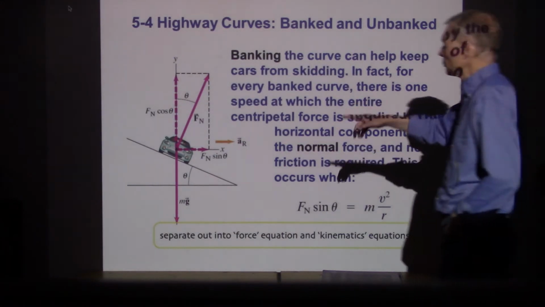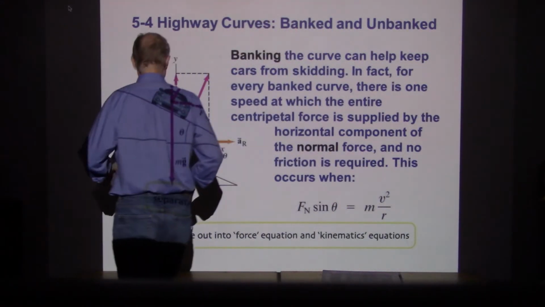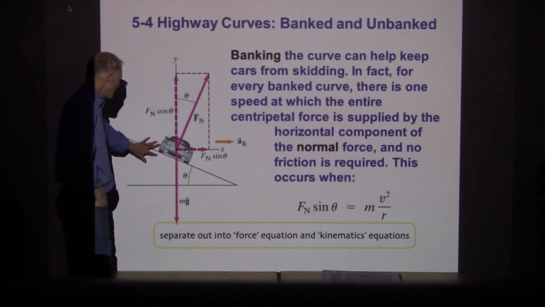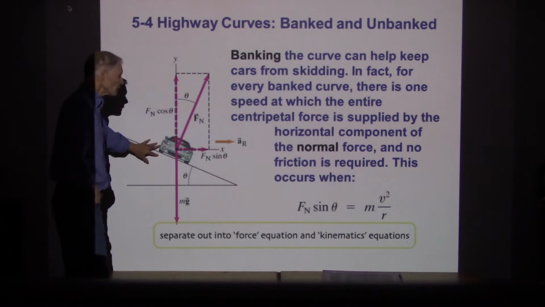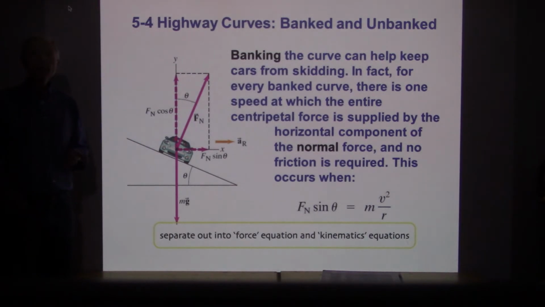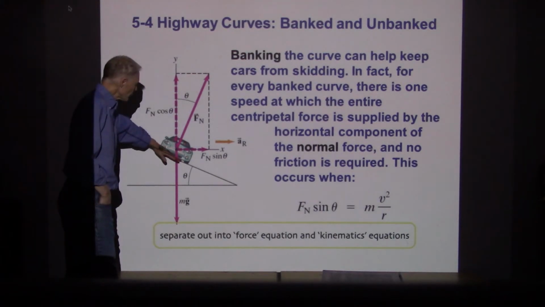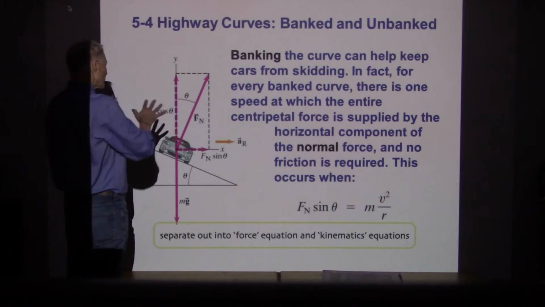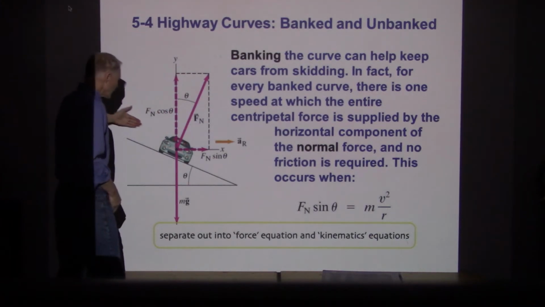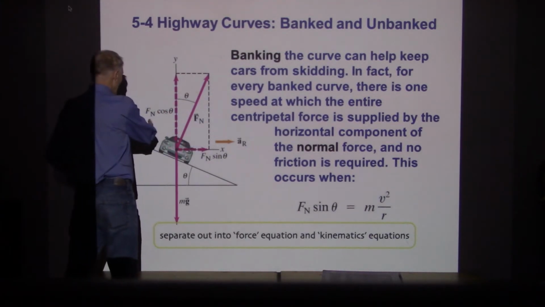This is a pretty steep bank here, but we could also use banking to allow the car to go around the curve at a higher speed, and this is how that would work. By tipping the roadway up. Now remember, this is a front view, so it's not the car going down the incline or coming up the incline.